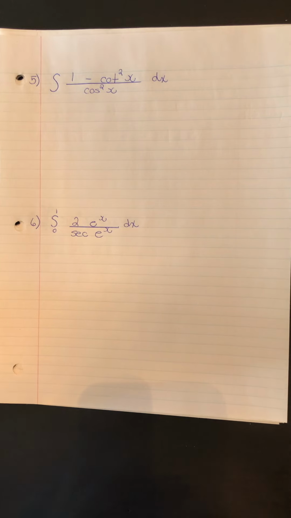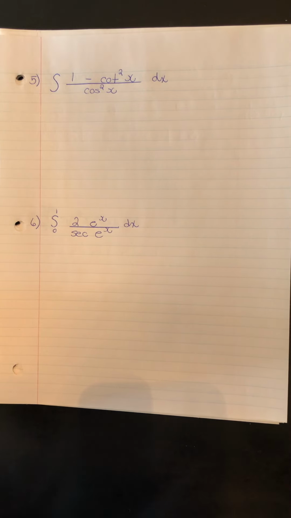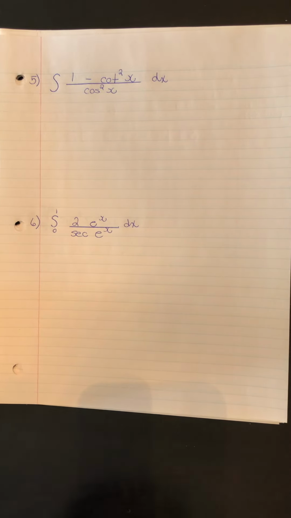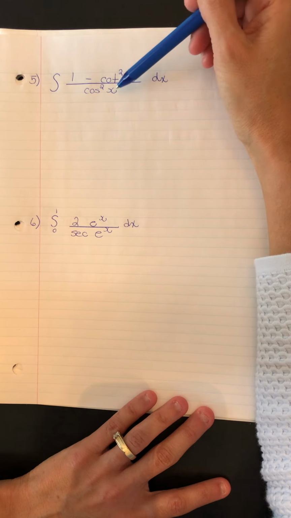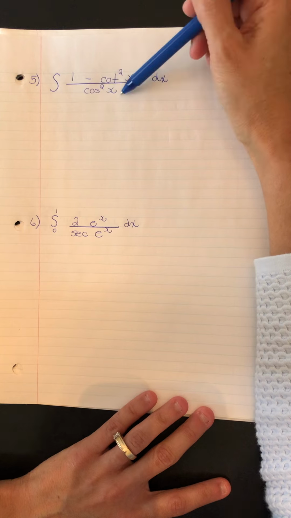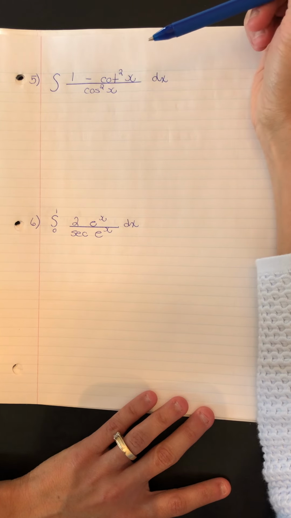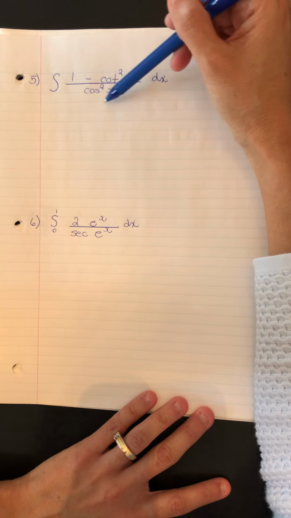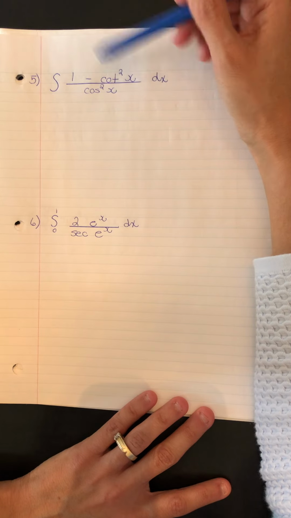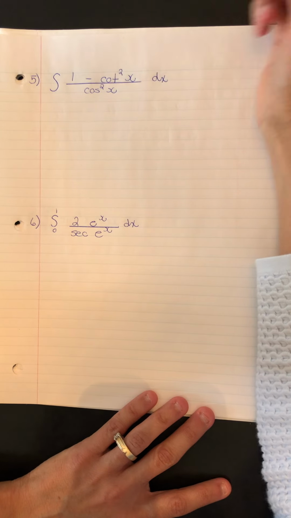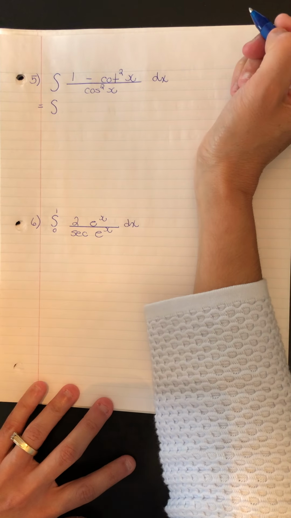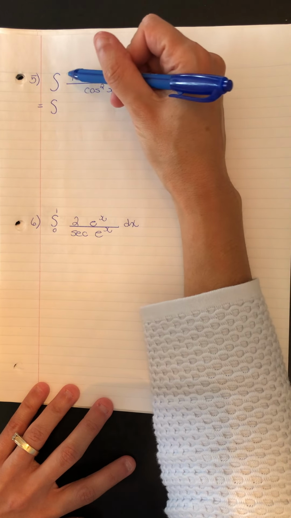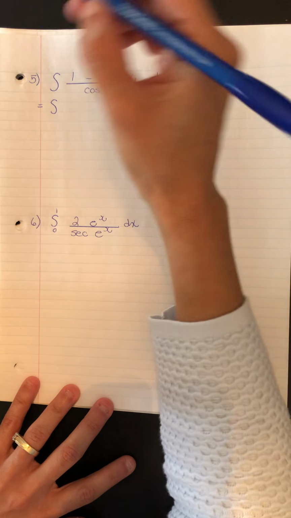This is the next problem I'm going to do. We have 1 minus the cotangent squared of x in the numerator. In the denominator, just this single term, cos squared x. So when there's only one term in the denominator, it would suggest that we should split this into 2 fractions. So in the first fraction, we're going to have 1 over the cosine squared of x.